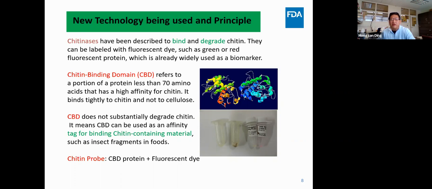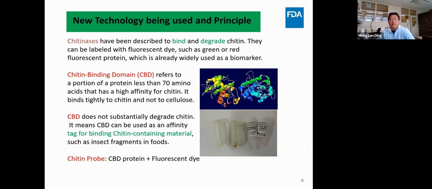So then we can put a fluorescent protein with this part and make a probe: a chitin probe, CBD of about 70 amino acids plus fluorescent dye. It still has strong capability to bind with chitin, but does not degrade it.